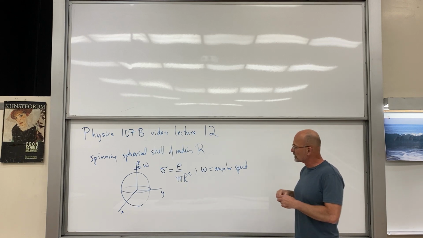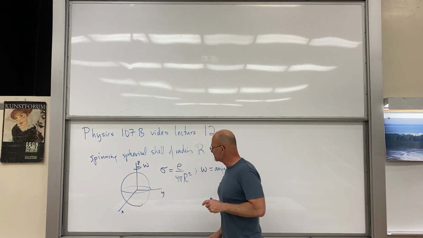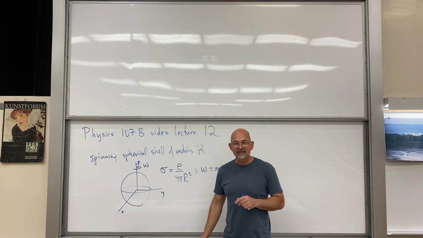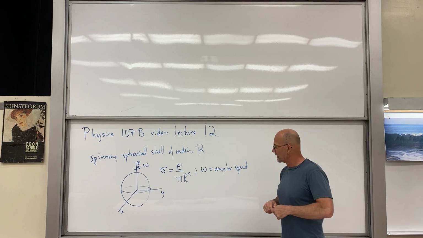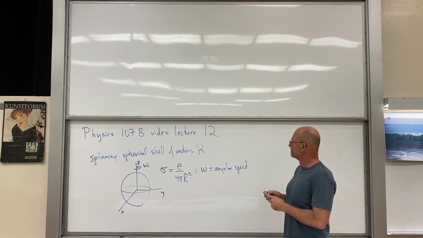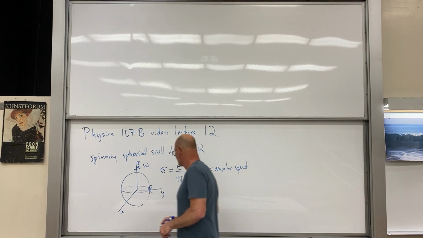And there are electric fields, of course, due to that charge distribution. There are magnetic fields due to the charge distribution. We have to calculate all of those things. So there's a radius r right here.